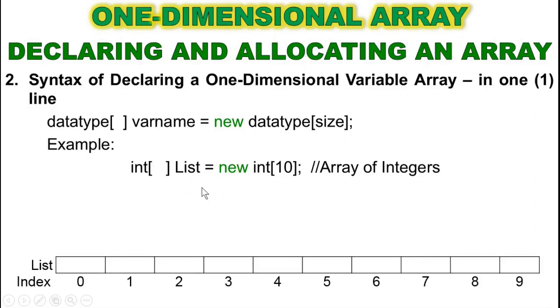For example, I would like to declare an array of integers that can store up to 10 different integer numbers. So here in this example, we have the data type int followed by empty brackets, followed by the variable name, name list, followed by equal, the new operator, and then the data type int followed by an open bracket with a given size 10, closing bracket, and then semicolon.